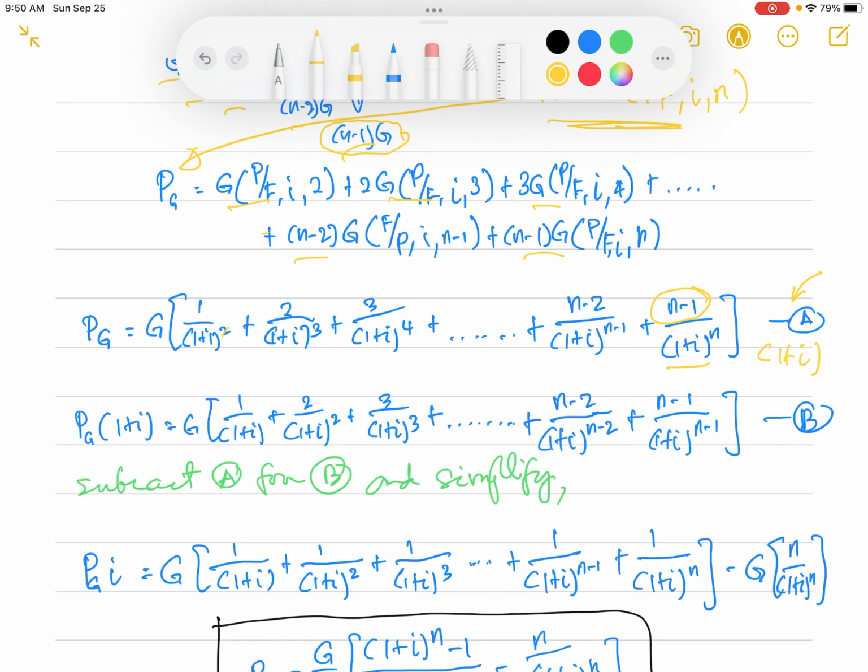So it ultimately reduces your exponent at the denominator by 1. So this is the resulting equation.